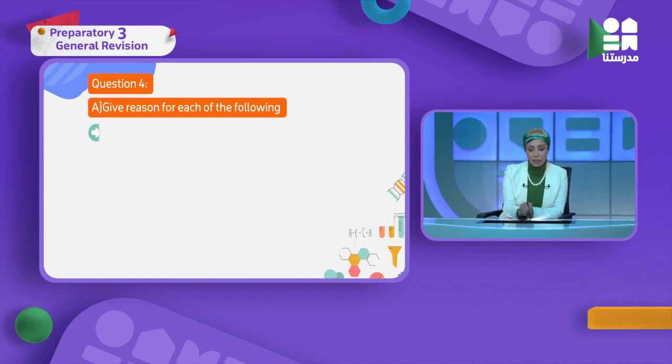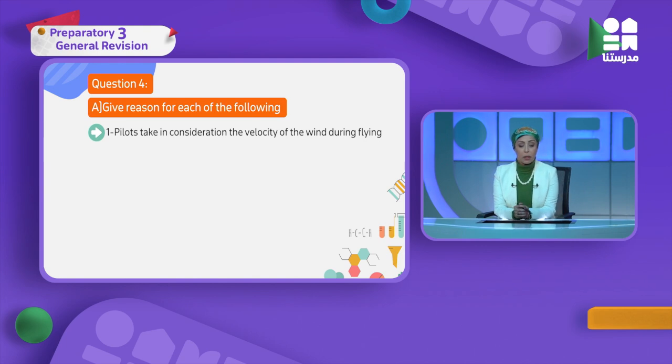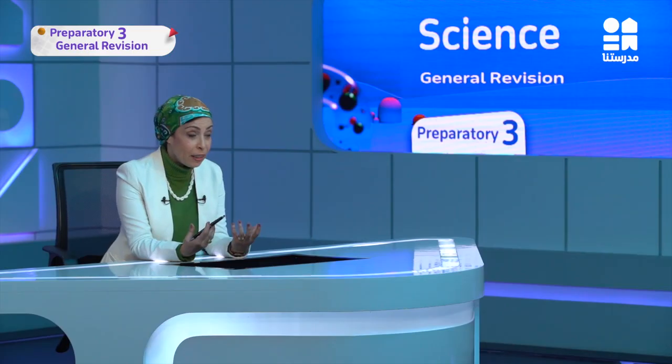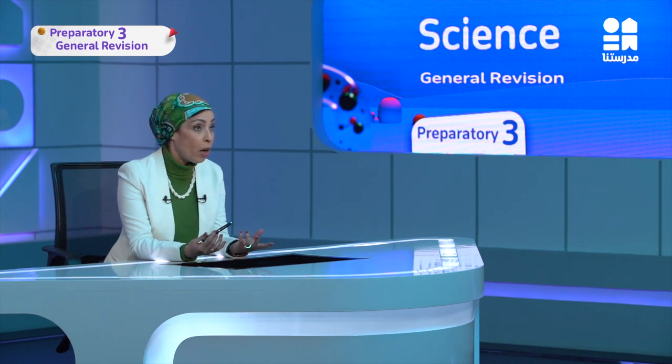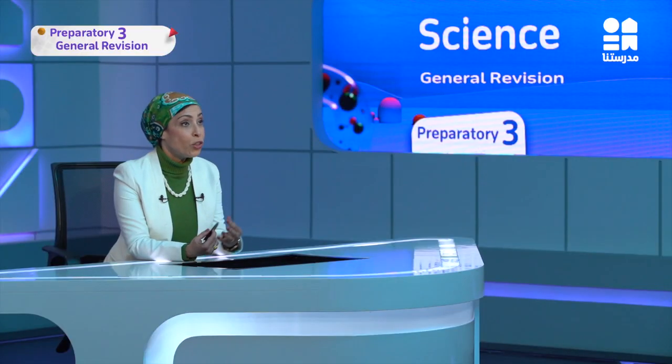Next question is give reason for: the pilot takes in consideration the velocity of the wind during flying. Here it's very important for pilots to consider the direction of wind and many other things, but the most important is the direction of wind. Why? Because in his trip he needs fuel, so according to the direction of wind he can estimate whether the amount of fuel will be enough for his journey or not.